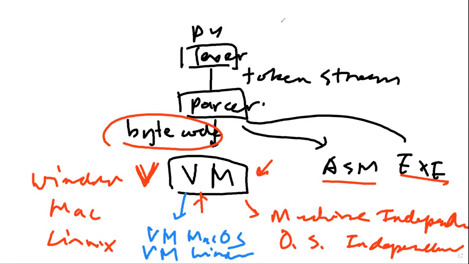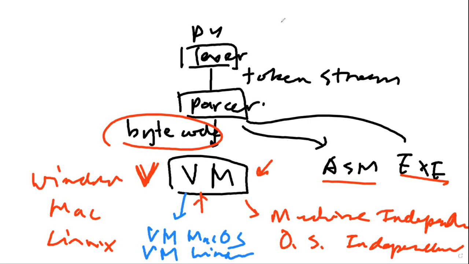When you install Python on Mac OS, there's a certain version you download from python.org, and it comes with the virtual machine of that specific type. Then you download a Windows version, and the Windows version has a different virtual machine. So different platforms have different virtual machines, but the bytecode is the same.